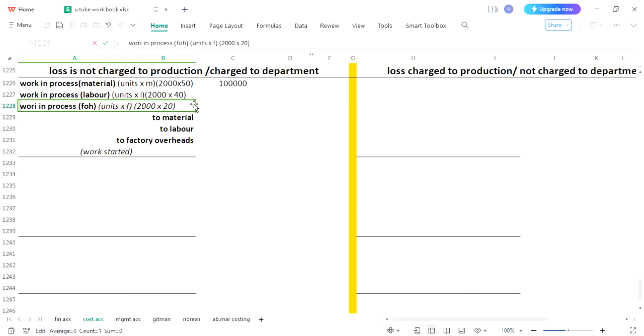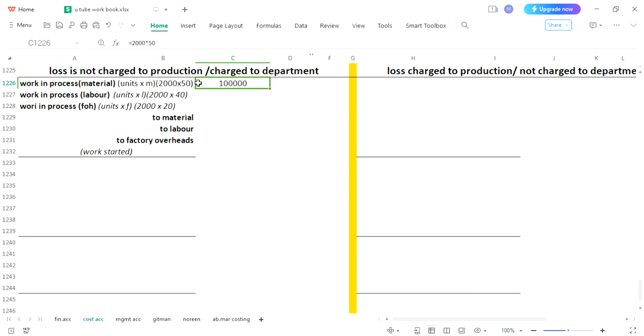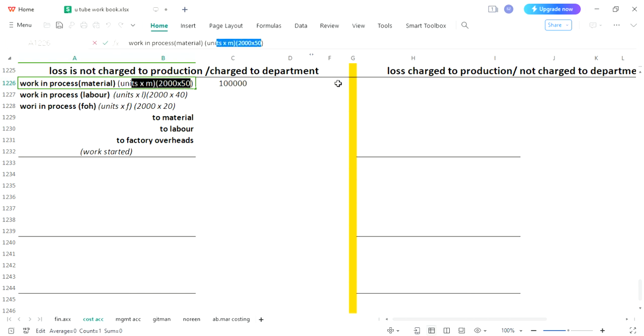These are calculations and you are not needed to write them over here. I'm just letting you understand them. So you will go to the working place and there you will be mentioning how you have calculated these amounts. Work in process material, units multiplied by per unit cost of material. Work in process labor, you have calculated by multiplying units into labor.